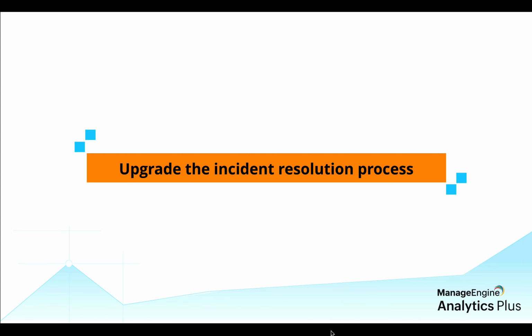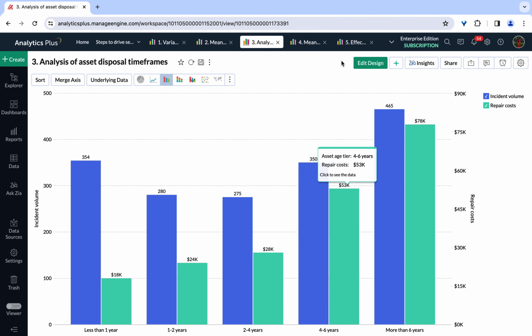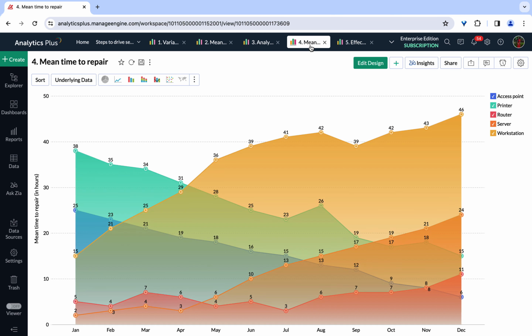Every inefficiency within a service desk can be narrowed down to one factor: delayed resolutions. Let's look at ways to identify and address this with analytics-driven service management. Now, this analysis acts as a handy guide for IT managers to gauge their team's ability in resolving incoming incidents.